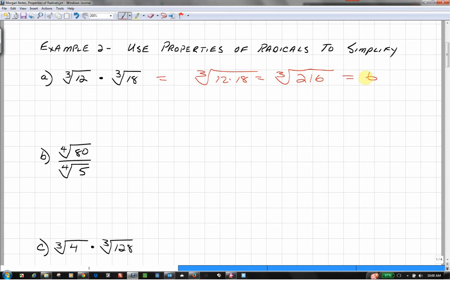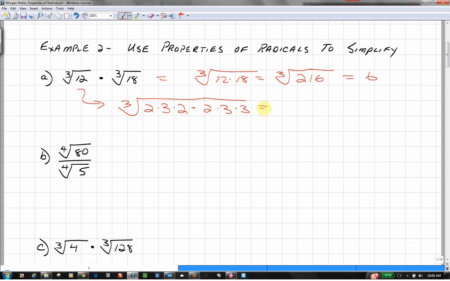Another way you could work it, if you didn't want to worry about 216, is you could break that up into its factors, and once you combine those two, you could say 12 is 2 times 3 times 2, and 18 would be 2 times 3 times 3.